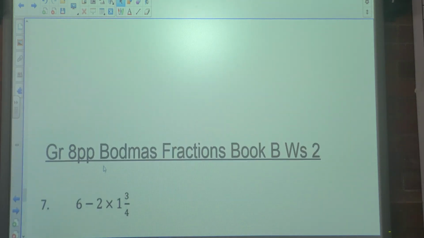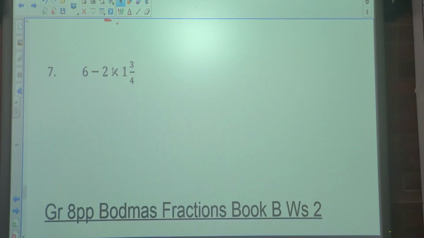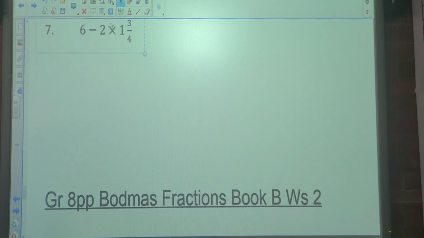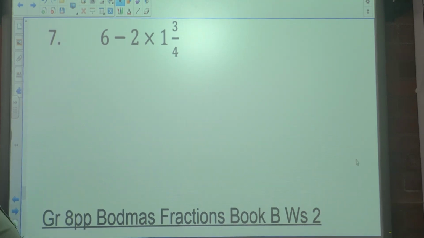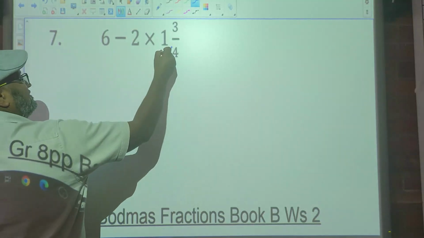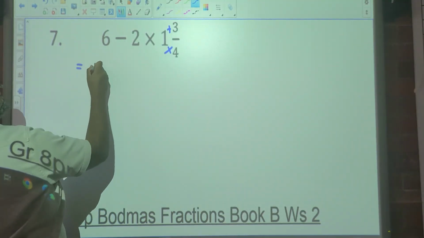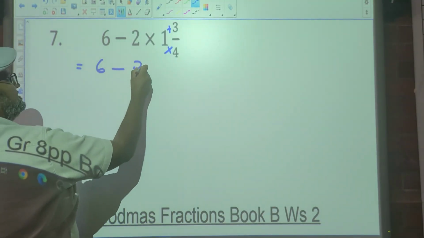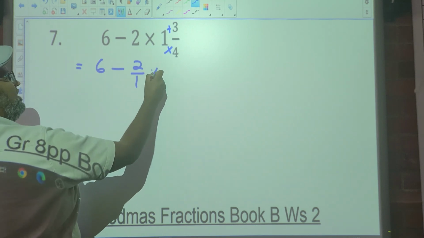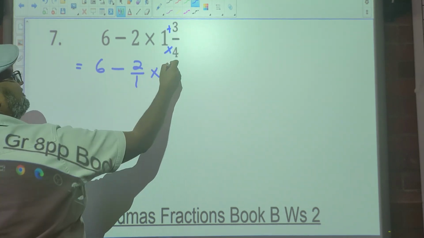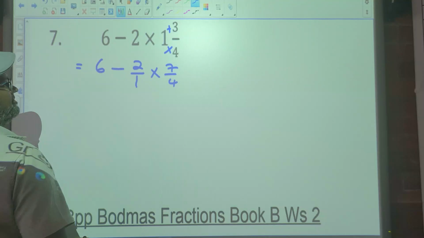Let's go to number 7. So what needs to be done first? You do multiplication, but you will first change that to improper fractions. The 6 minus 2 over 1 multiplied by 7 over 4.